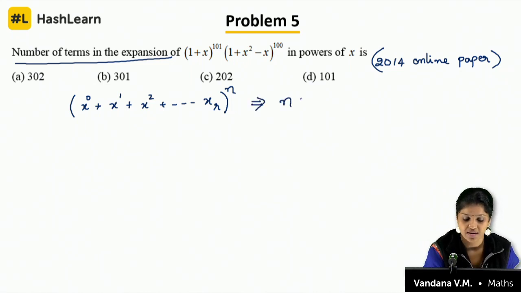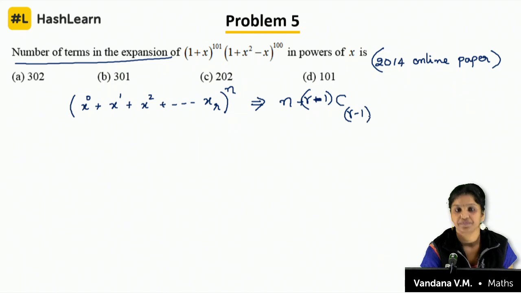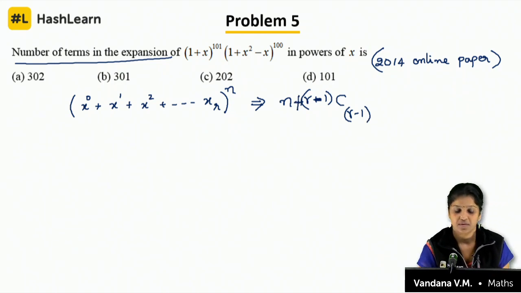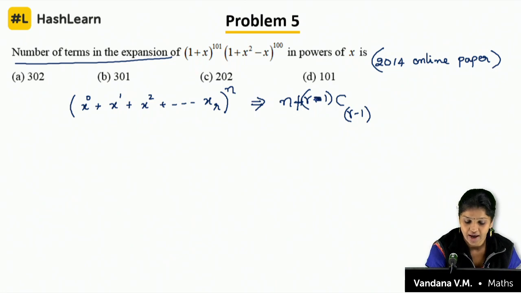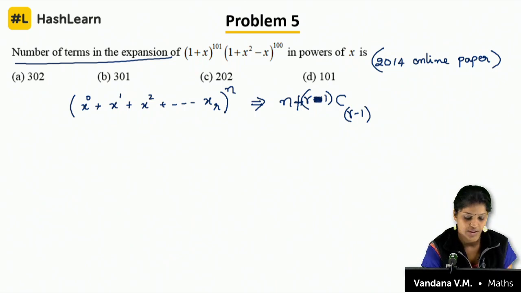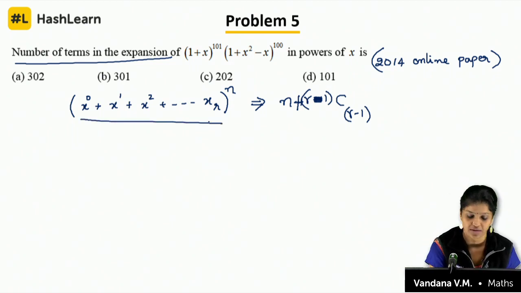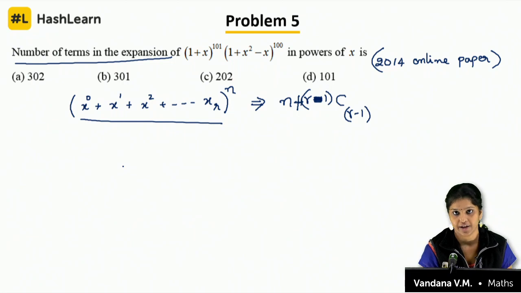Yes, n plus r minus 1 C r minus 1. This is the shortcut. We have done this already if it is like this, but here, see, two multiples are there. So, bring it to one expression like this, then we can apply it directly, right?